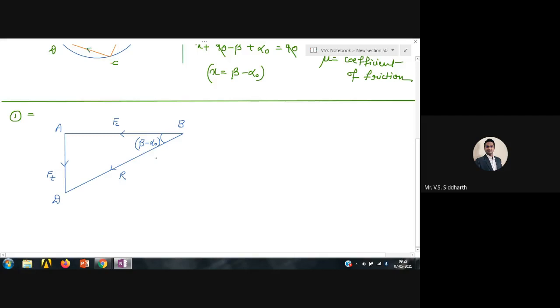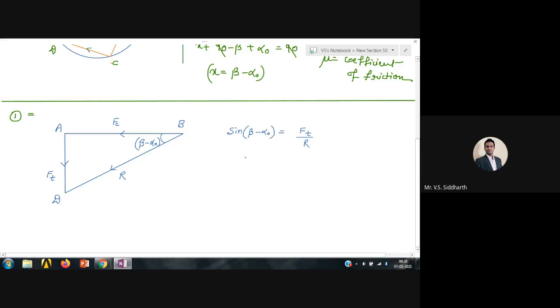Good. Now, which trigonometric function should I use to write Ft in terms of R? Can I use sine? Sine of beta minus alpha naught could be written as perpendicular upon hypotenuse, that is Ft upon R, right?